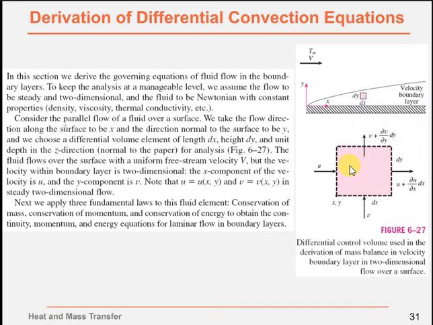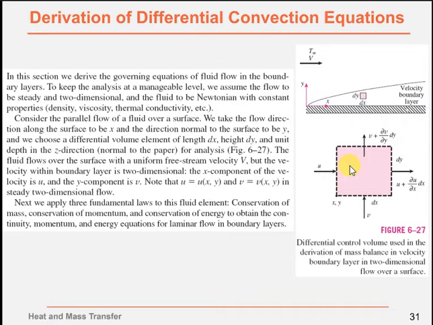Constant properties: constant density, constant viscosity, constant thermal conductivity. That's to make the problem easy, because we consider a steady problem, a two-dimensional problem, and we assume the constant properties: constant density, constant viscosity, constant thermal conductivity.